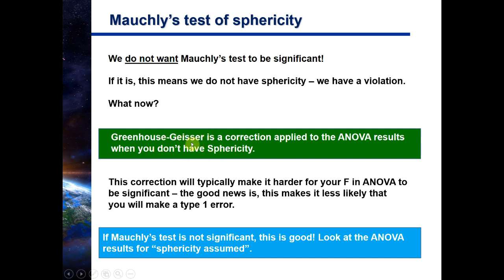Here for the Greenhouse Geisser, you're looking at Mauchly's test. You're looking at the W value. And if it is significant, then you look at Greenhouse Geisser results. On the other hand, if Mauchly's test is not significant, so that W value is not significant, this is good, we're happy. Now you look at the results for sphericity assumed.